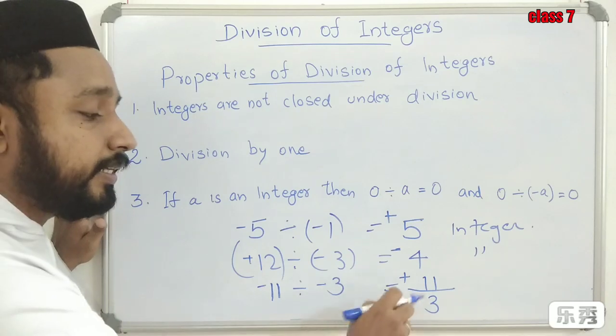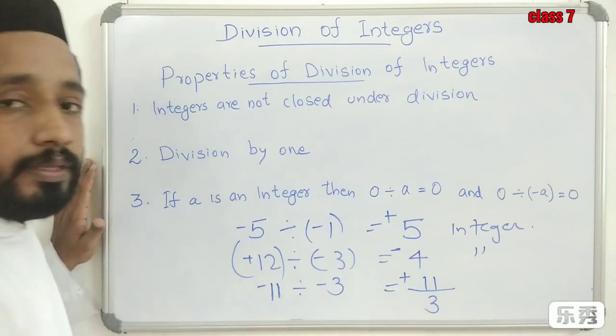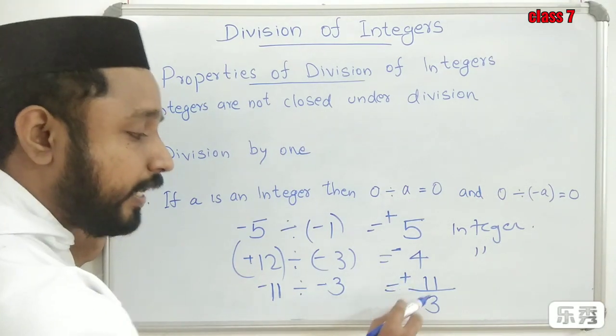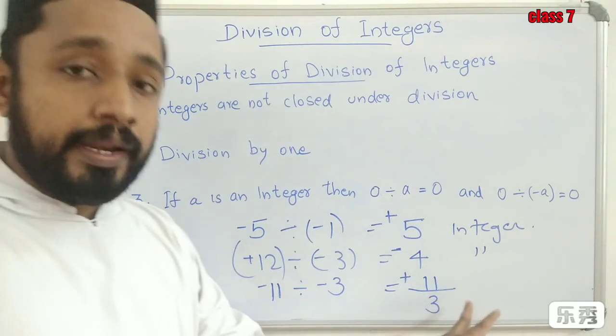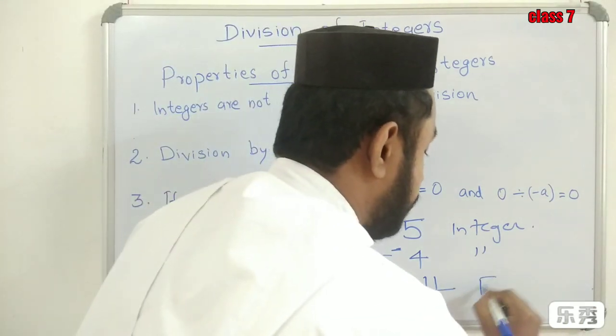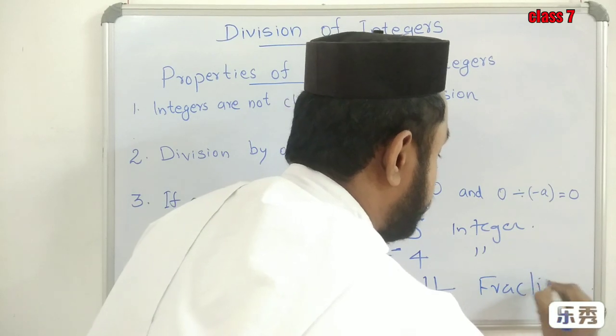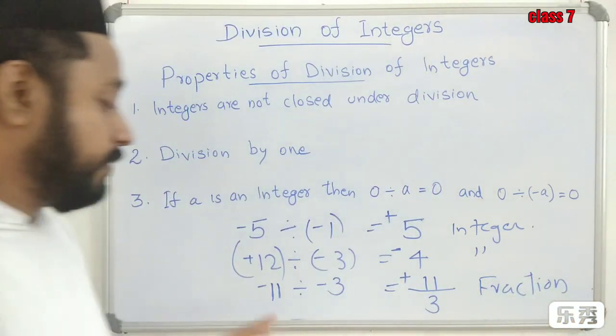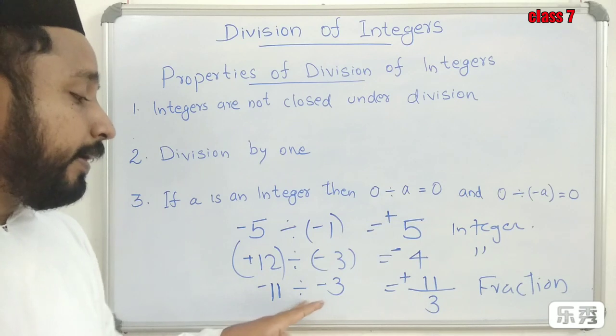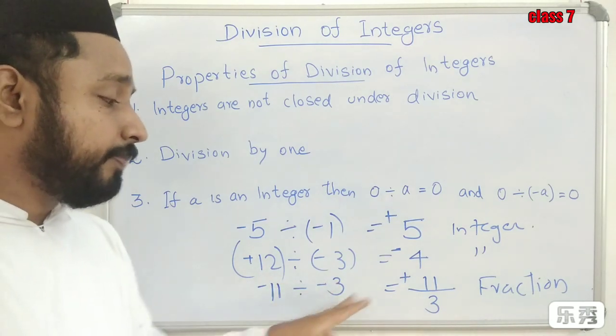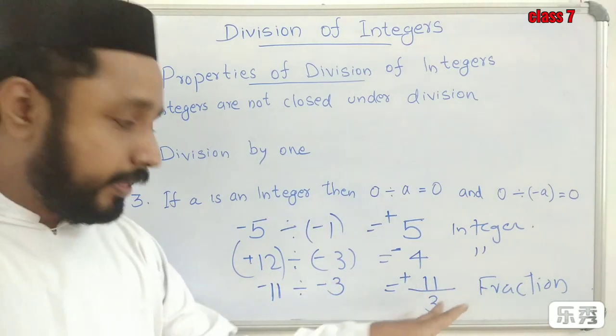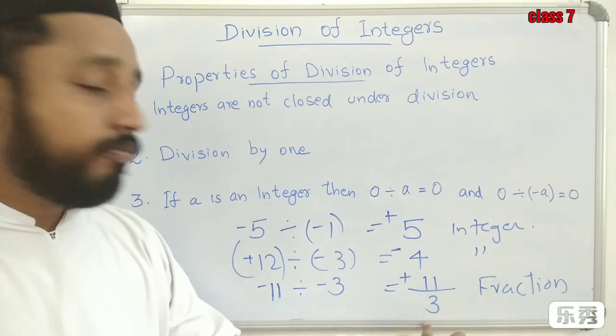We can divide 11 by 3. So the answer is plus 11 by 3. It is not an integer, it is a fraction. Isn't it? 11 by 3 is a fraction. So minus 11 divided by minus 3, the answer is plus 11 by 3. So it is a fraction.